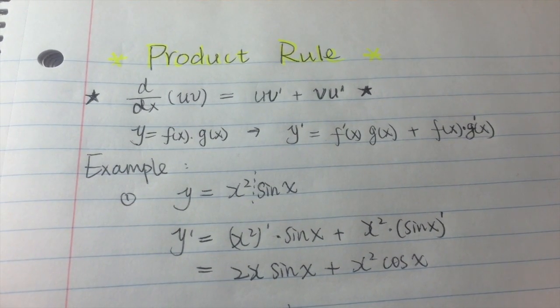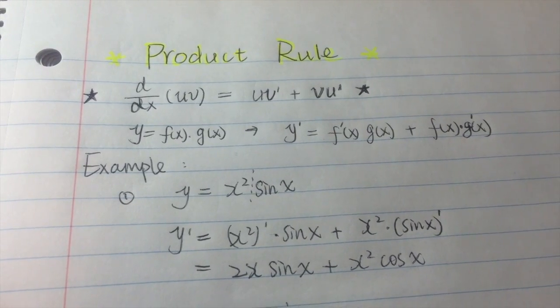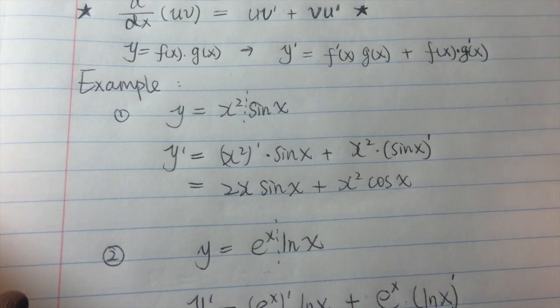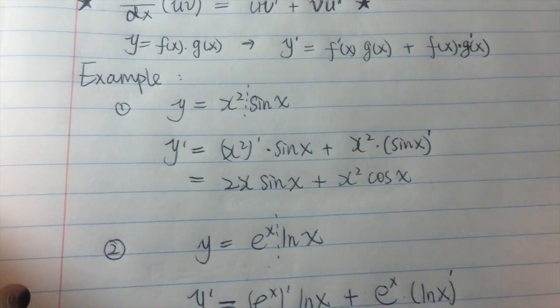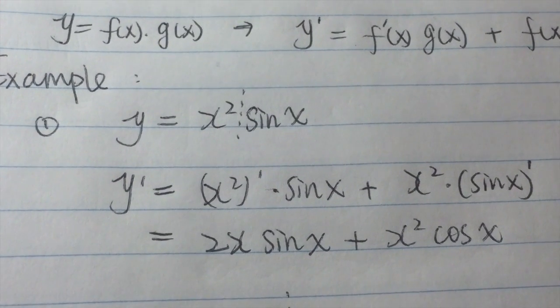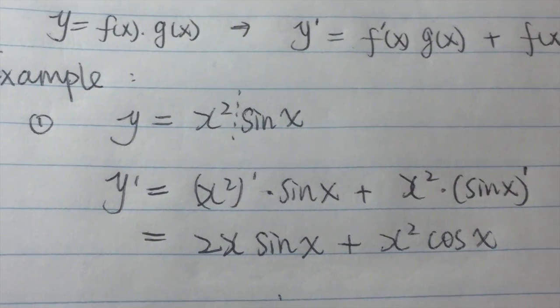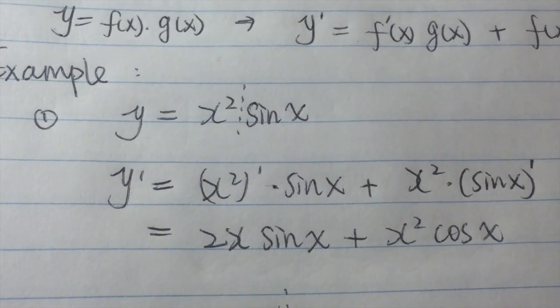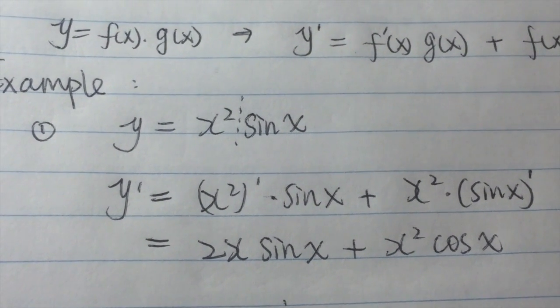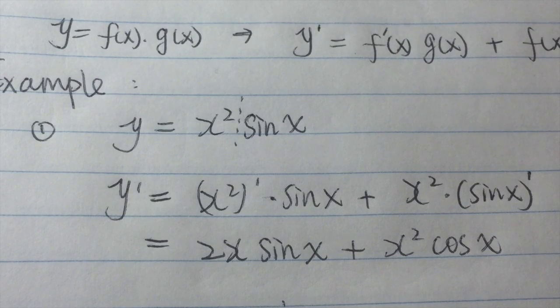It is really important for us to remember this formula. Once you remember this formula, let's see some examples. The first one: y equals x squared times sin x. In this case, f(x) would be x squared and g(x) would be sin x.